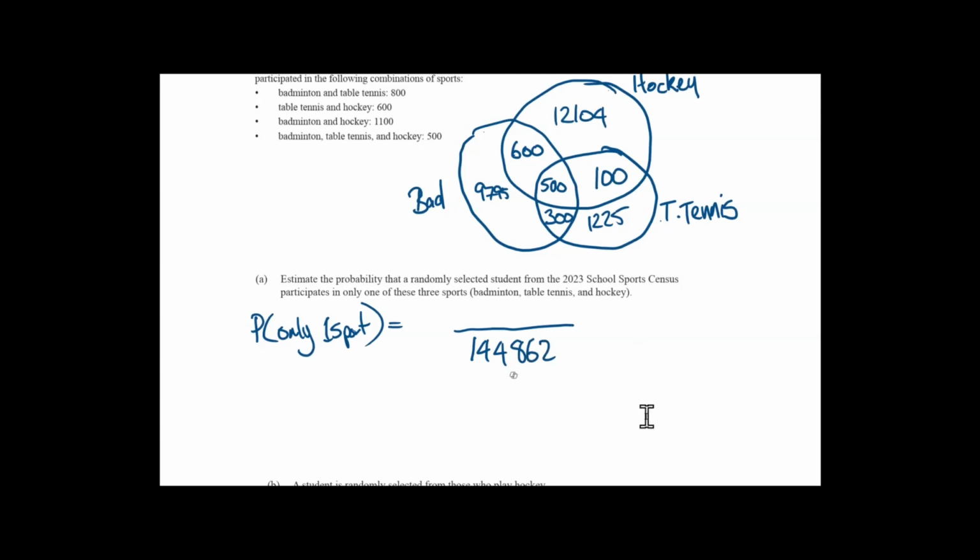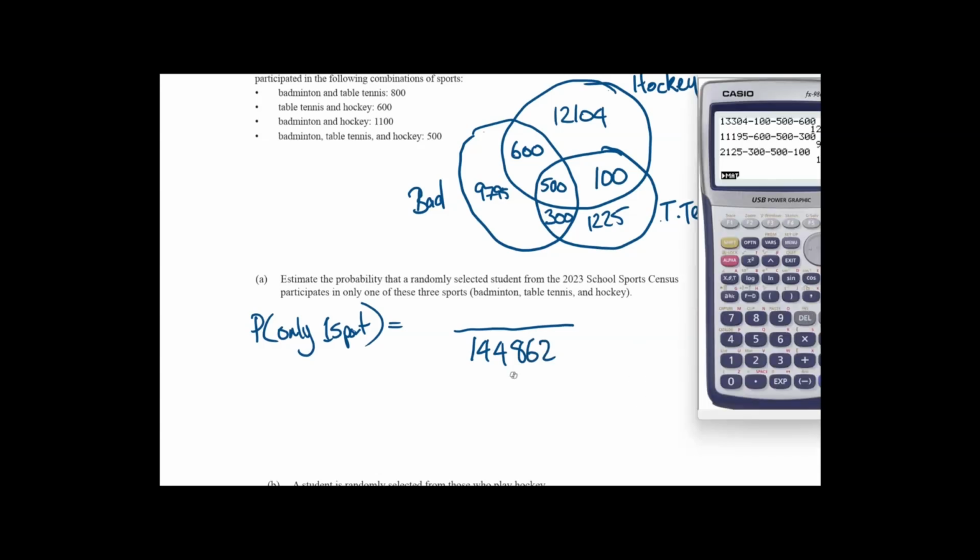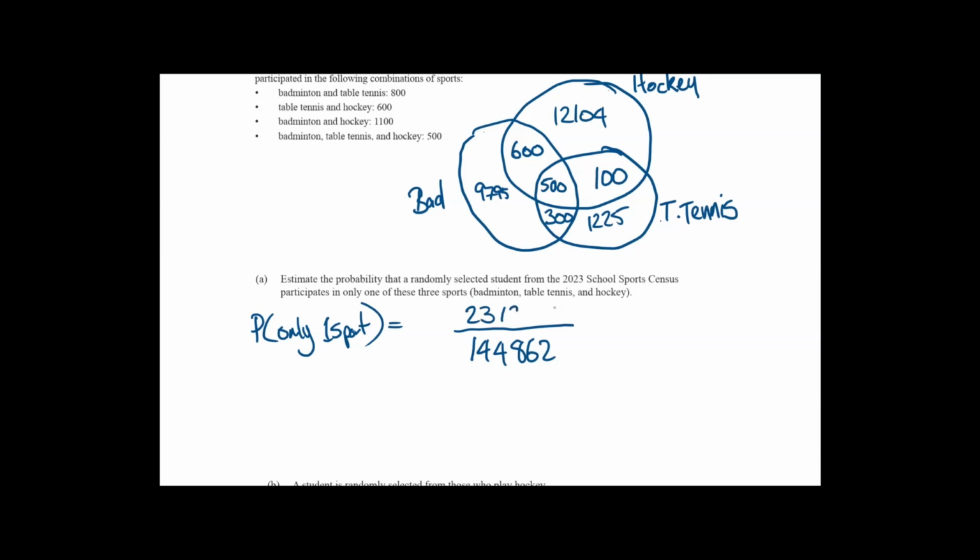Now, how many play only those sports and no other sports? So 9795 plus 2104 plus 1225 is 23124. All right. So now we have the numerator and denominator.